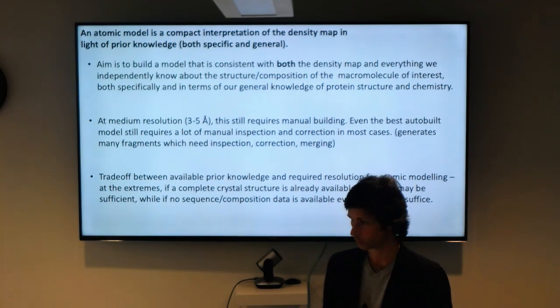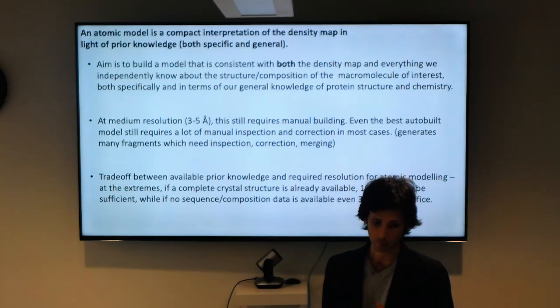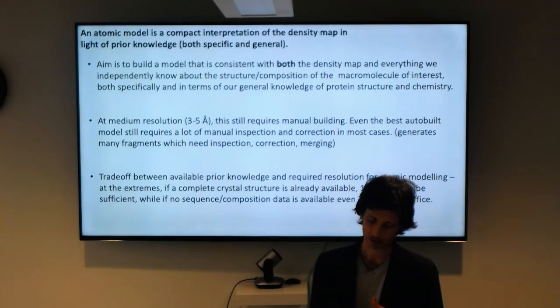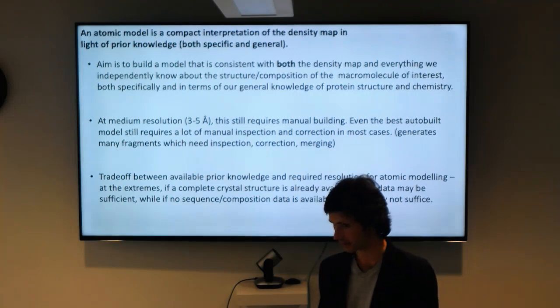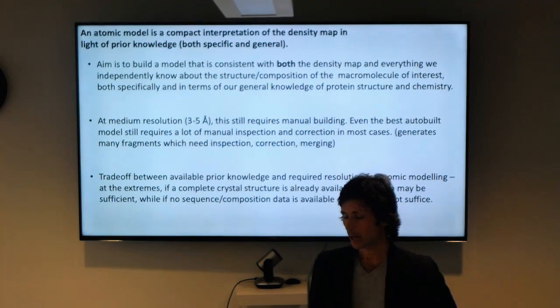There are automated building tools for Cryo-EM maps. Probably the two that I would say are currently best are the tools in Phenix, so Phenix Map to Model, and MainMast, which I haven't actually tried, but the results look very promising.